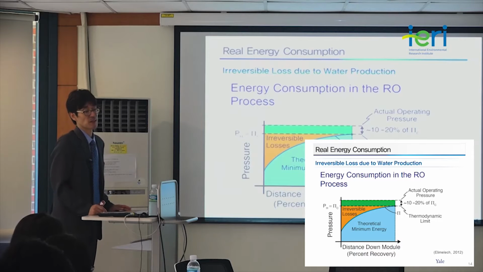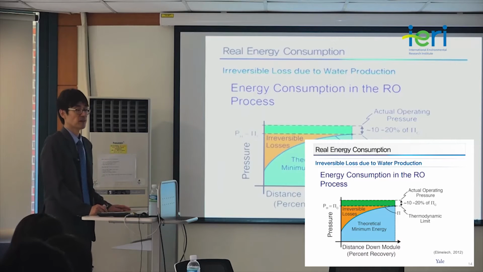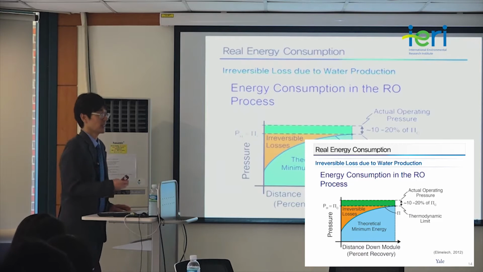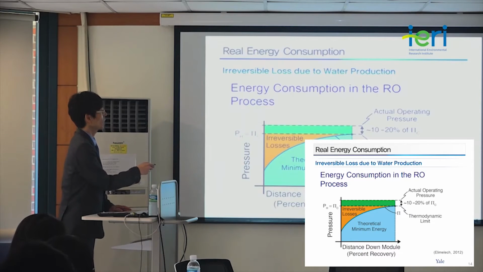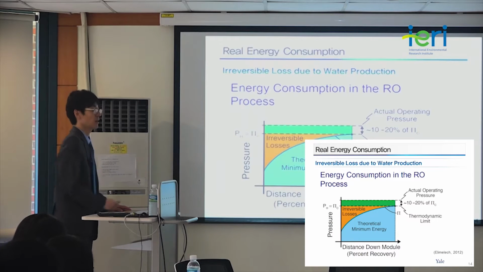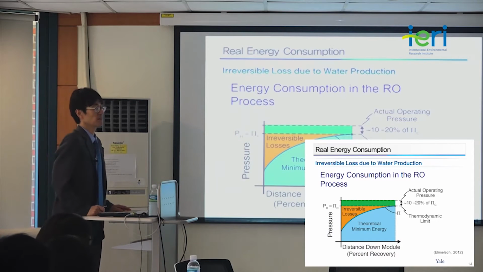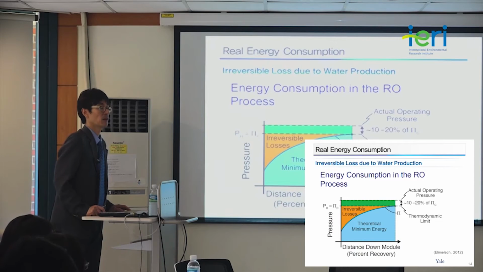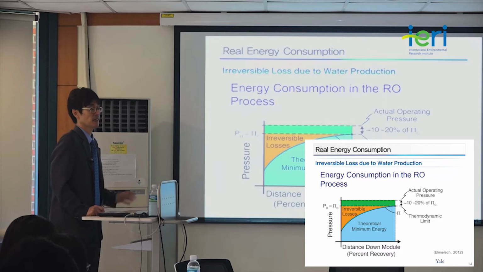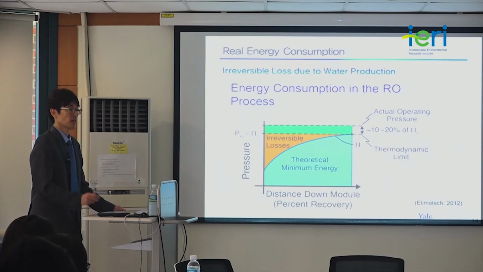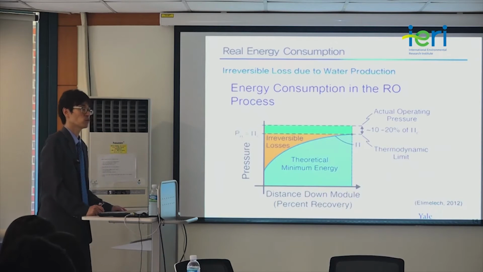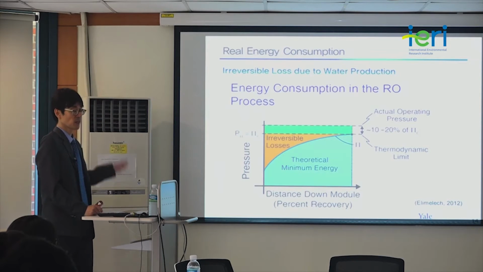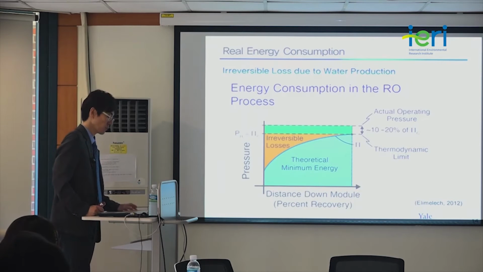So during the energy conversion, again, there will be an issue of efficiency. In such cases, we will have additional losses added to this rectangular region. So even though we only have 0.7 kilowatt hour per cubic meter of SEC in a reverse osmosis system, in an actual plant we are talking about 2 or 3 kilowatt hour per cubic meter of energy consumption in a real reverse osmosis process.